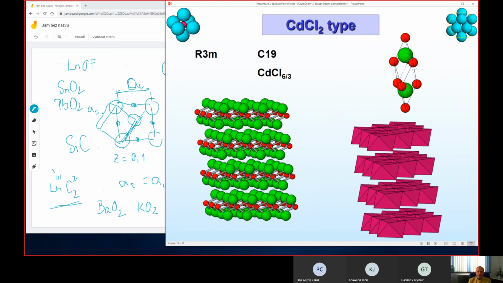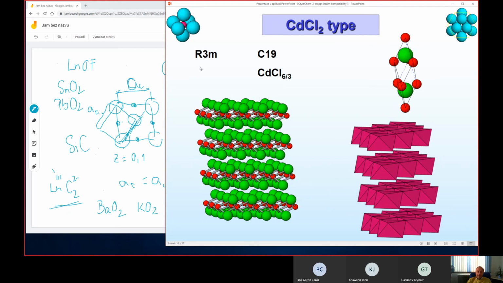Another structure occupies 1/2 of octahedral sites, but in a layered pattern such that the octahedral sites between two layers are either completely occupied or completely empty. If we start from the cubic close packing of, let's say, halide ions, and we place cadmium atoms here, and we leave these two layers empty, and again cadmium atoms and an empty double layer, we obtain the cadmium chloride structure type.